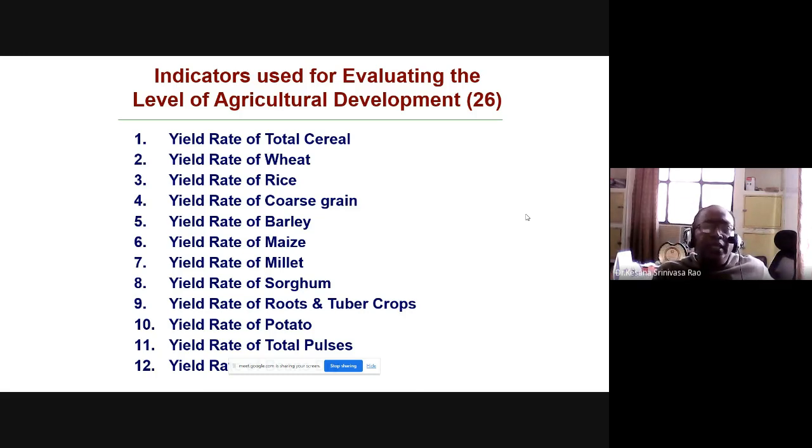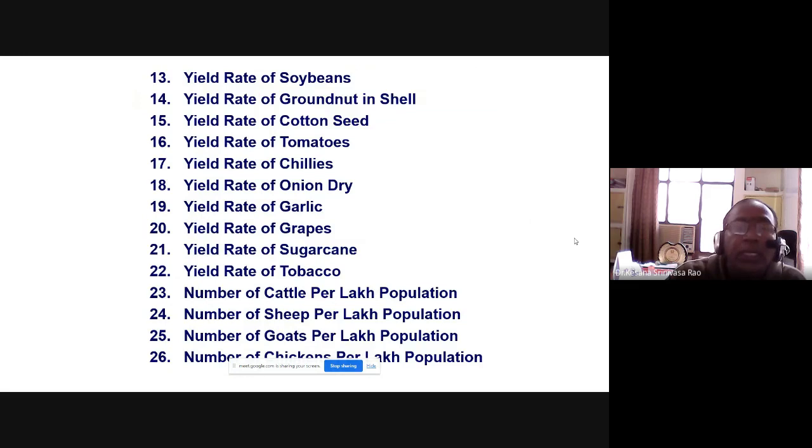Yield rate of total cereals, yield rate of wheat, yield rate of rice, yield rate of coarse grain, yield rate of barley, like that, yield rate of different crops like rice, maize, millet, sorghum, roots and tuber crops, potato, total pulses, soya beans, groundnut in shell, cotton seed, all types of crops' yield rate. We have to measure and compare that with the number of cattle per lakh population, sheep, goats, and chickens per lakh population, which we also have to take into consideration when we compose the index.